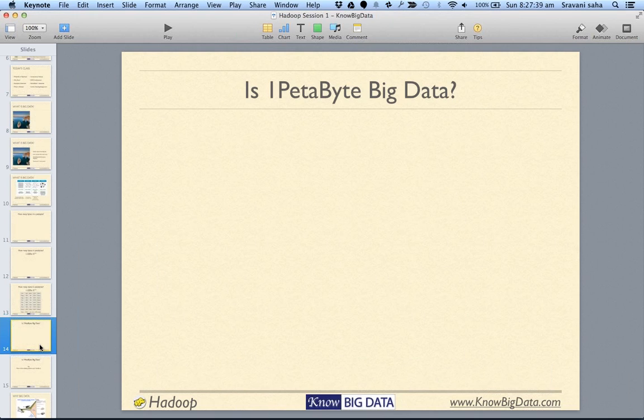Now, do you know what big data is? Big data is something for which you require distributed computing, or data for which you require multiple computers to solve the problem. So is storing 1 petabyte of data a big data problem or a small data problem?